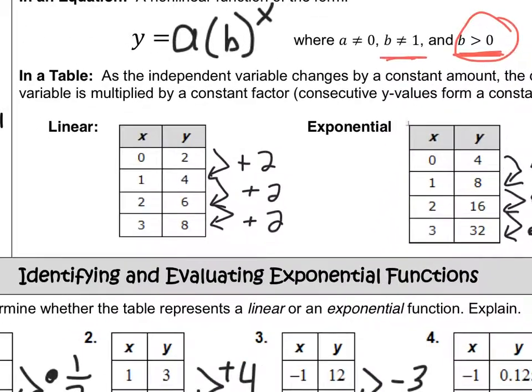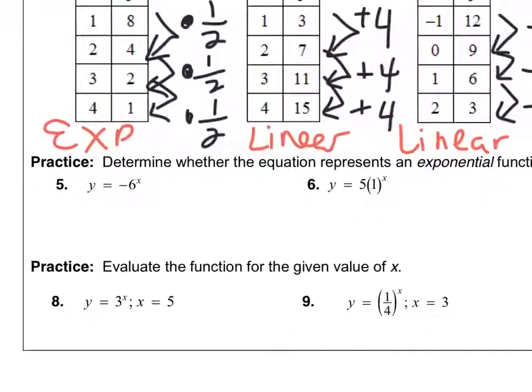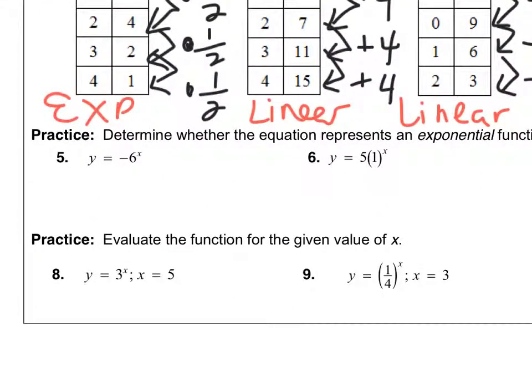So when we look at number 5, it kind of depends on what is the a and what is the b. If the a were -1 and our b was 6 to the exponent, that is an exponential function. So we'll put yes.